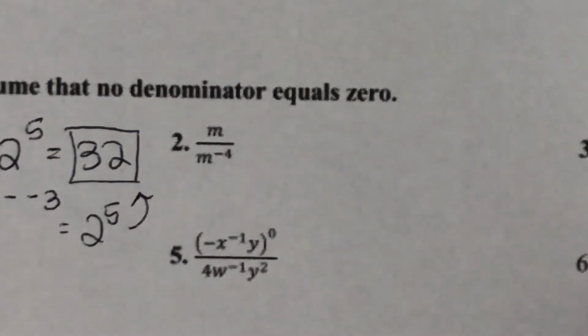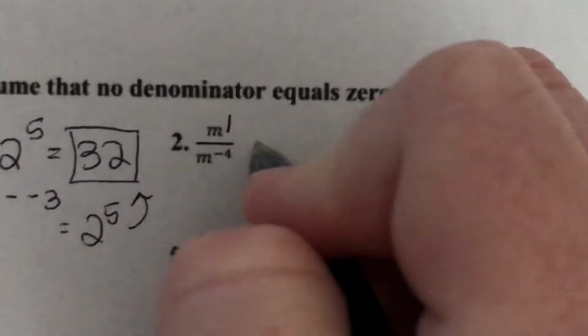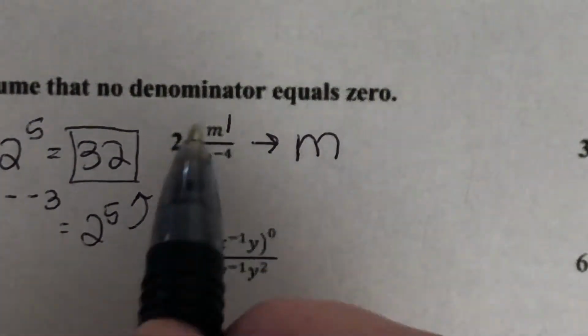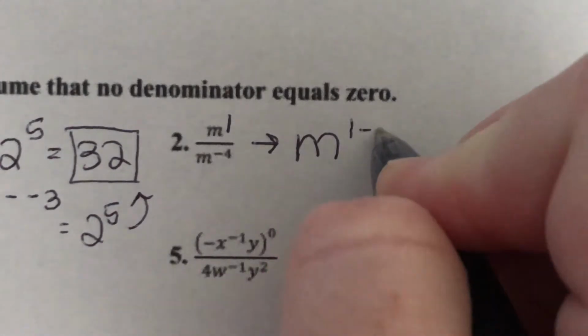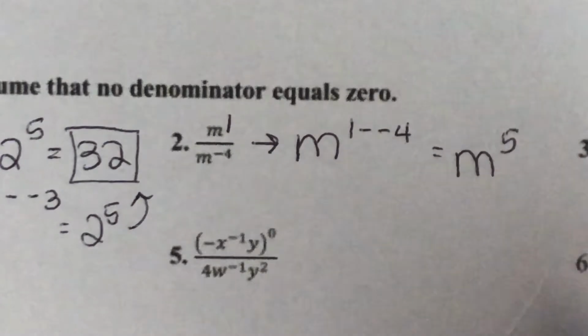All right, number 2. Same thing here. This is m to the 1st power. So I can either say, okay, my base is m, and I'm dividing bases, so I'm going to subtract exponents, 1 minus negative 4. So that's going to become m to the 5th.